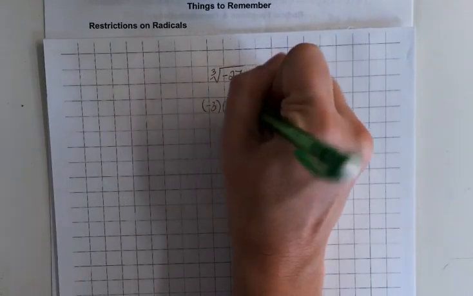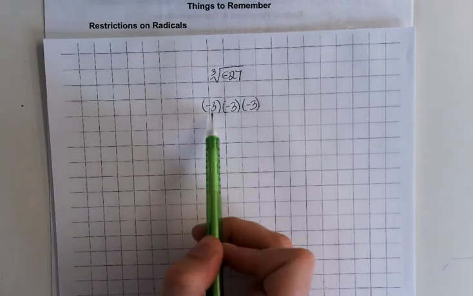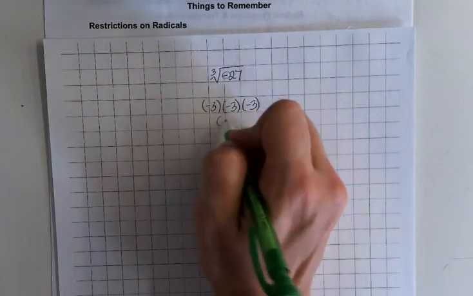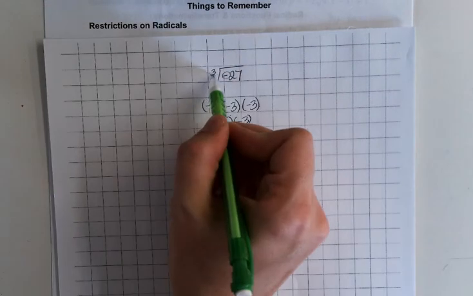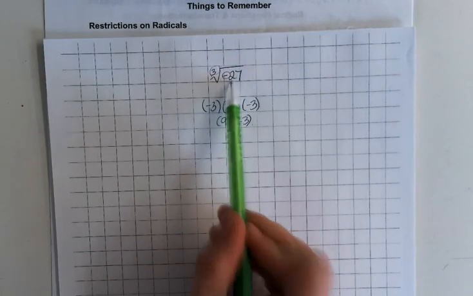And the reason that we can end up with this negative in here is because two of these negatives would create a positive. This would be 9 times negative 3. So that's why in a third root, we can actually have a negative answer.